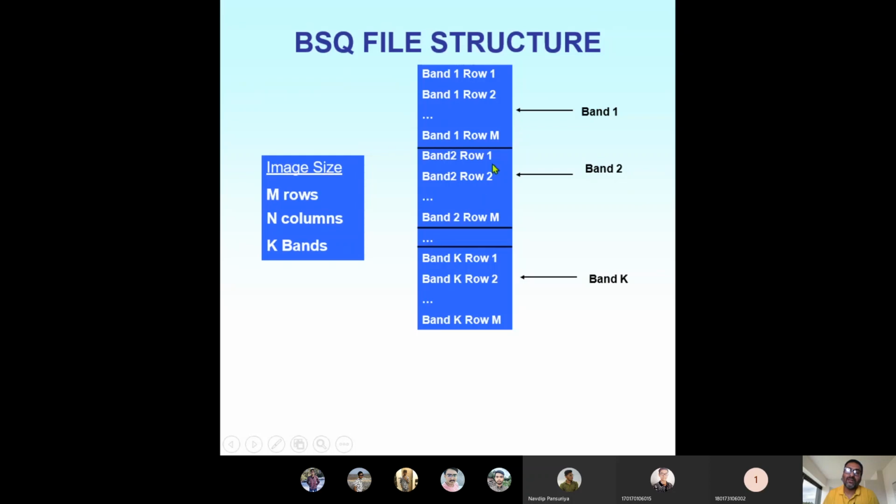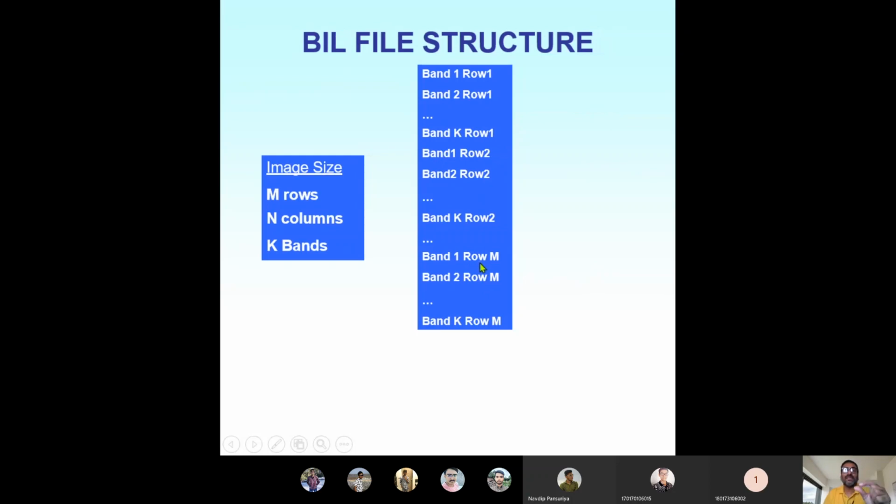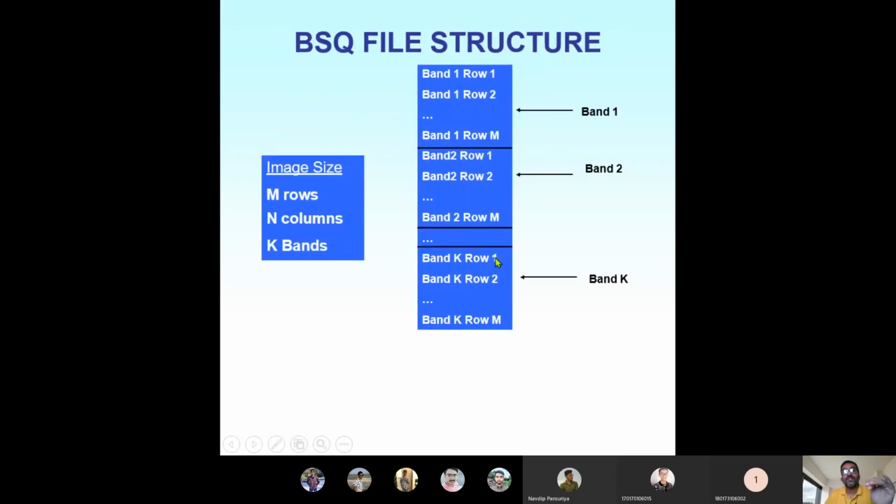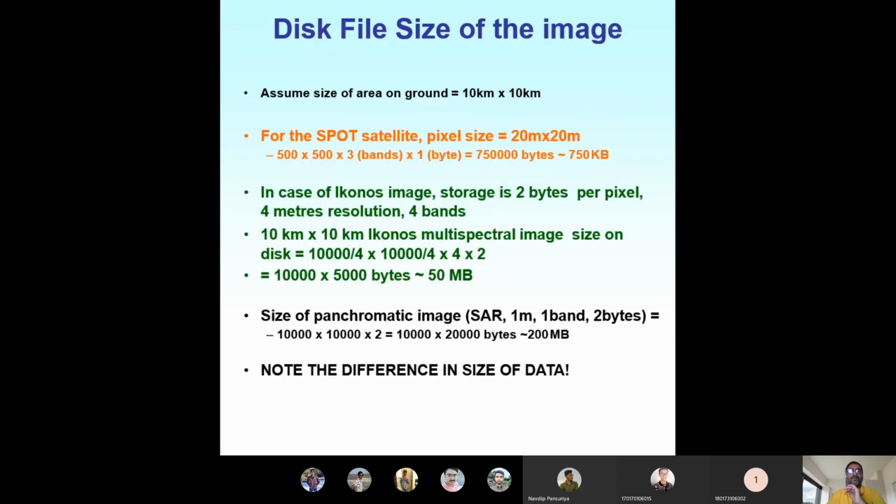Then band 2, whatever has been captured would be shown here, and likewise. So in the previous one we keep the row constant initially and change the band while storing the data. Here in BSQ we are storing a single band first, then taking the second band, the third band, and so on up to the kth band.